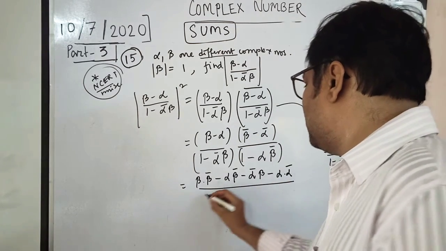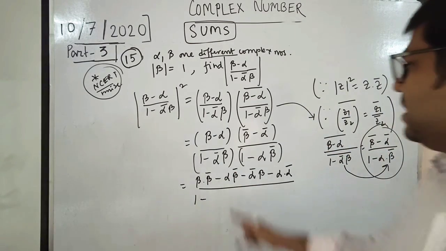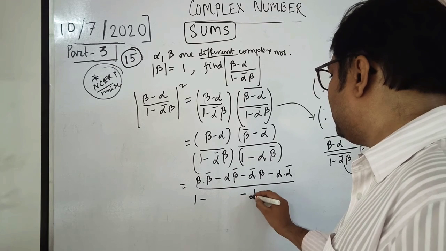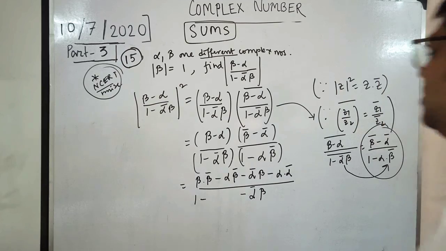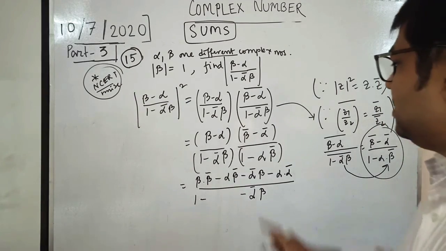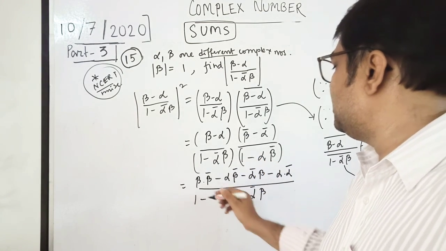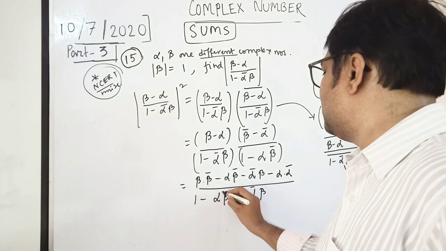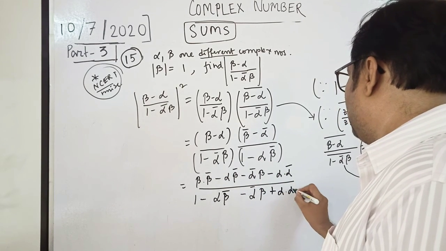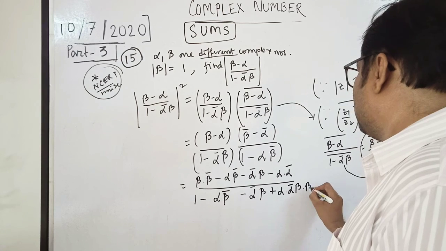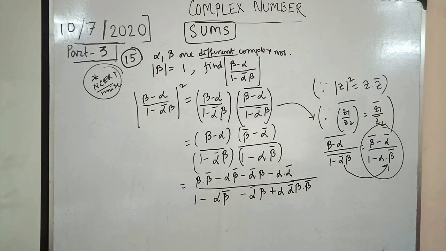Now below also I will get 1 minus alpha bar beta I write over here, then minus alpha beta bar, and this one will be plus alpha bar beta bar alpha beta. Please look at it. I have multiplied 4 terms only.